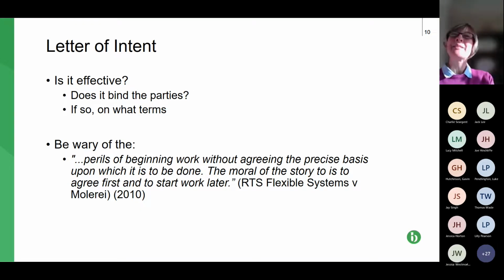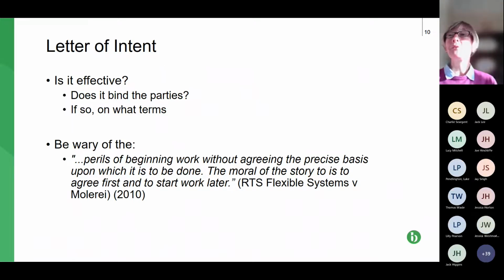This last point, the quote, was the judge's comment about a letter of intent and being careful of the perils of beginning work without agreeing the precise basis upon which the work is to be done. And the judge went on to say the moral of the story is to agree first and start work later.